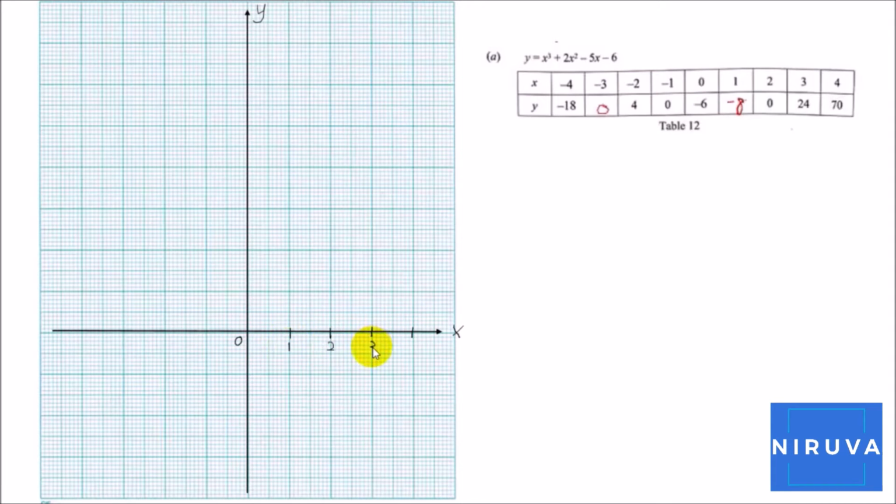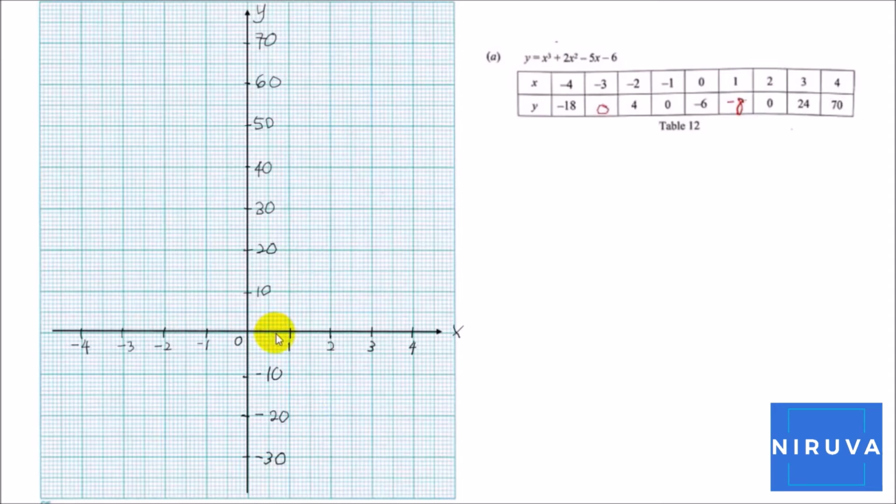So this is 1, 2, 3, 4, negative 1, negative 2, negative 3, negative 4. For the y-axis, 2 cm to 10: 10, 20, 30, 40, 50, 60, 70, and then negative 10, negative 20, negative 30.